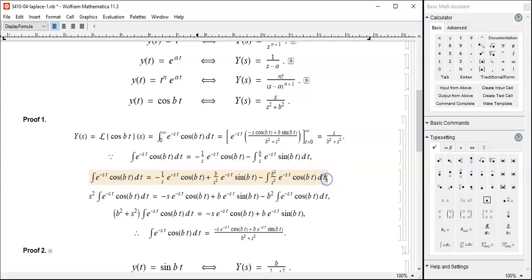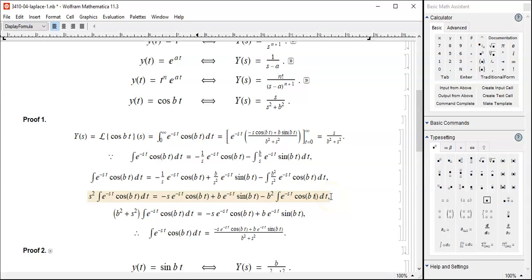There are too many denominators, so multiply everything by s squared to kill off all the denominators. So s squared, this integral, and these two, and then now b squared times that. Same integral, exponential times cosine, but different coefficients. These are like terms.